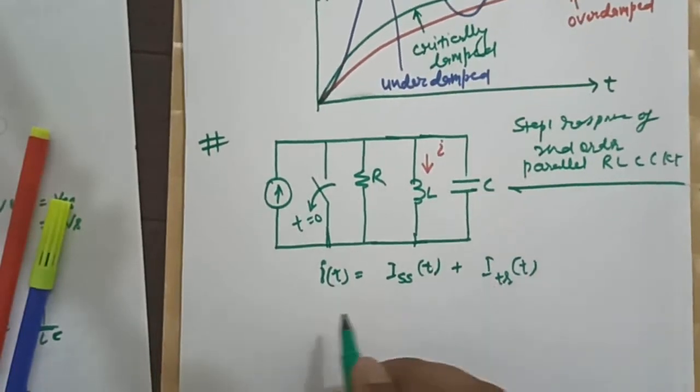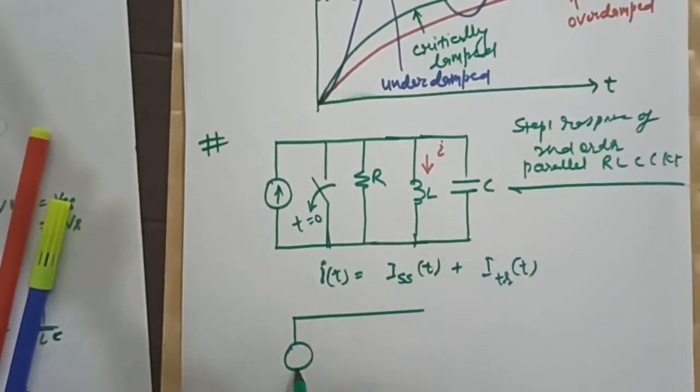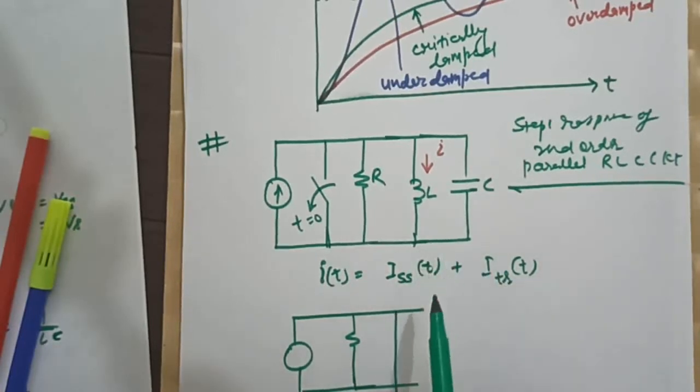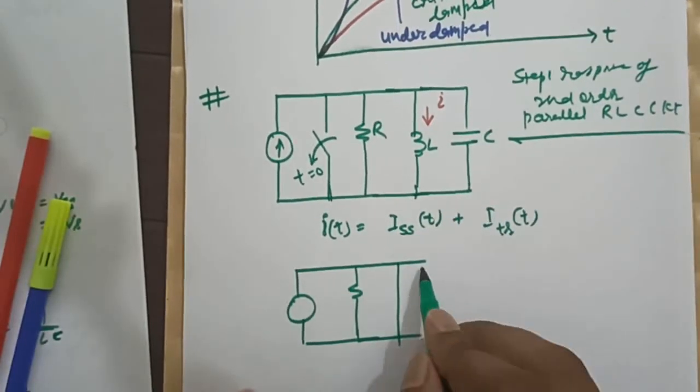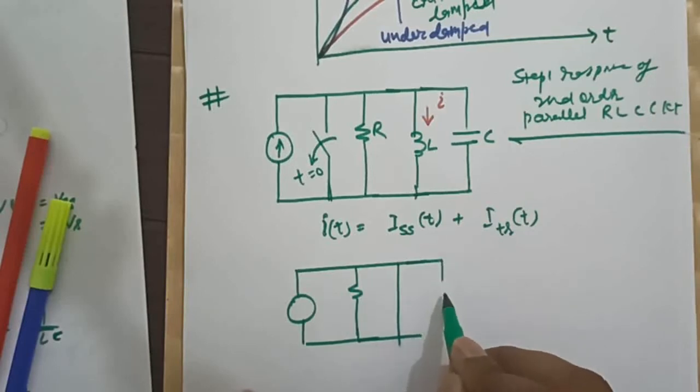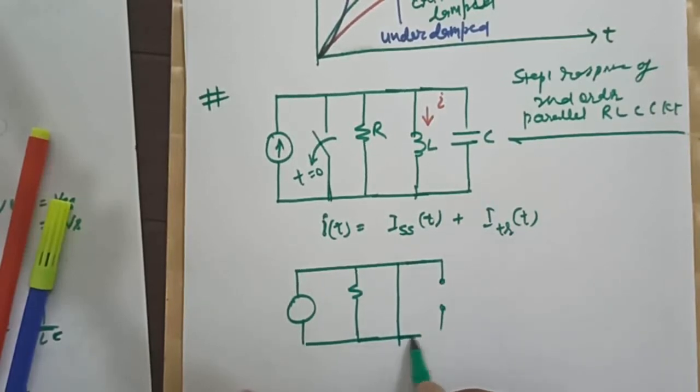Now see, at time t equal to infinity, this inductor will act like a short circuit, and this capacitor will act like an open circuit, isn't it?